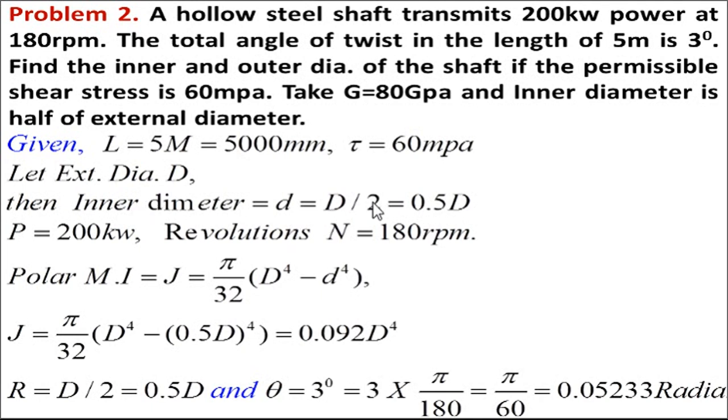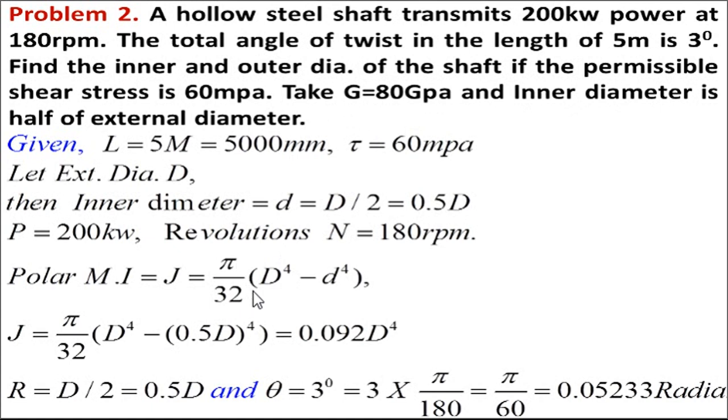Half of that means what? D by 2, that is 0.5 D. Power P is given as 200 kilowatt. The number of revolutions is given in RPM, N equal to 180 RPM, and the polar moment of inertia J is equal to, using the formula for the hollow circular shaft, because inner and outer diameters are mentioned. It means it is a hollow circular shaft.